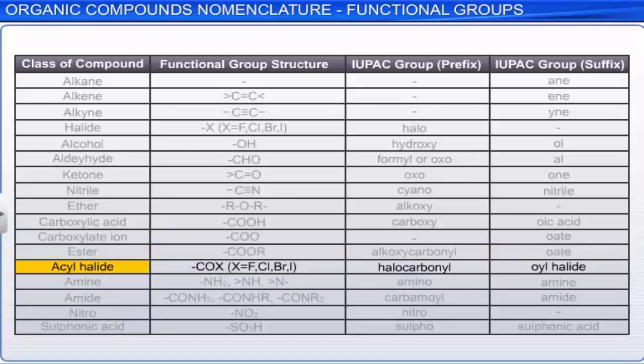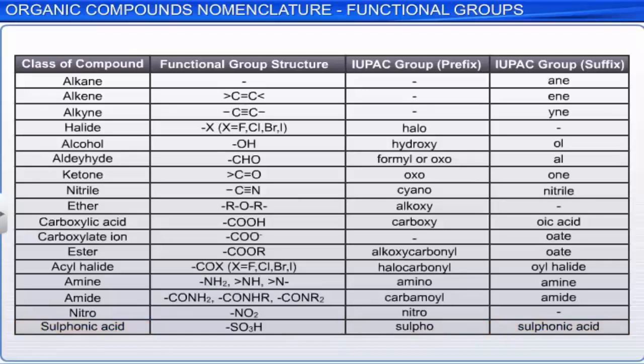The acyl halide group prefix is halocarbonyl and the suffix is -oyl halide. The amine group prefix is amino and the suffix is amine. The amide group prefix is carbamoyl and the suffix is amide. And the nitro group prefix is nitro. The sulfonic acid prefix is sulfo and the group suffix is sulfonic acid.